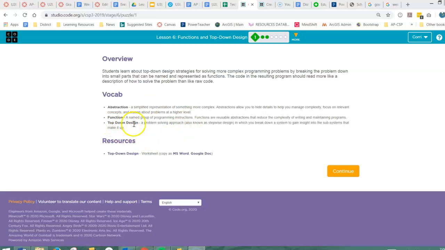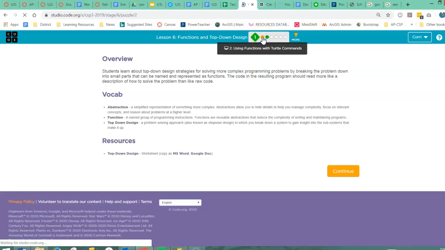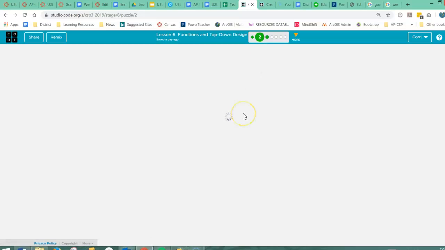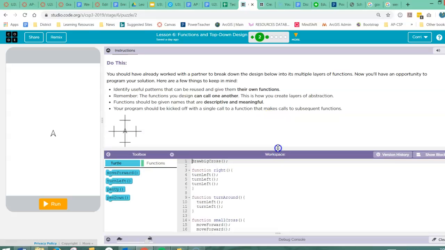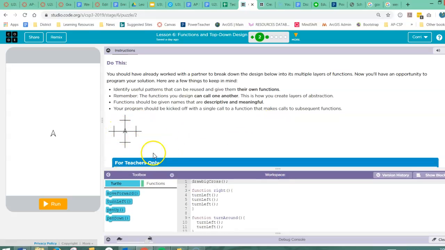So the other piece is this top-down design, and this is going to be very helpful if you understand this now for when you are designing your create task in the near future, because you really want to be able to use this type of design feature. Without going into a lot of details, you have already, or should have already, gone through the Nearpod presentation, which would have had you brainstorm a way in which to create this cross here.